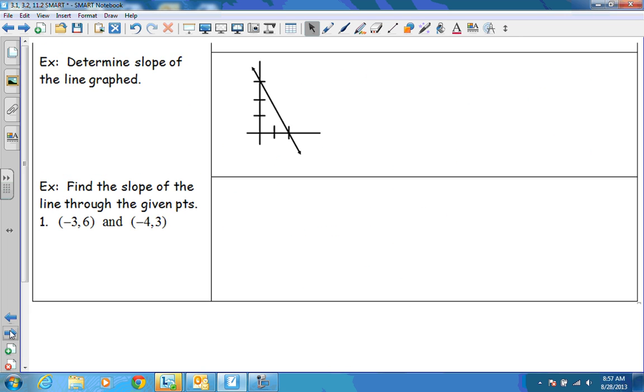So let's determine the slope of this line. Is it positive or negative first off? It is negative. Think about your little self. Here you are, standing up here and you're going to go skiing, right? Are you going to go down or do you have to go up?